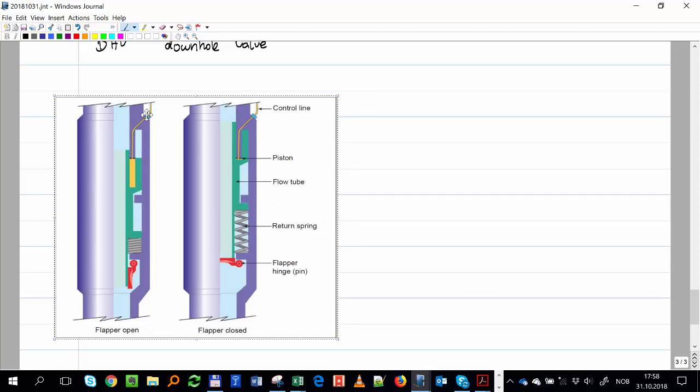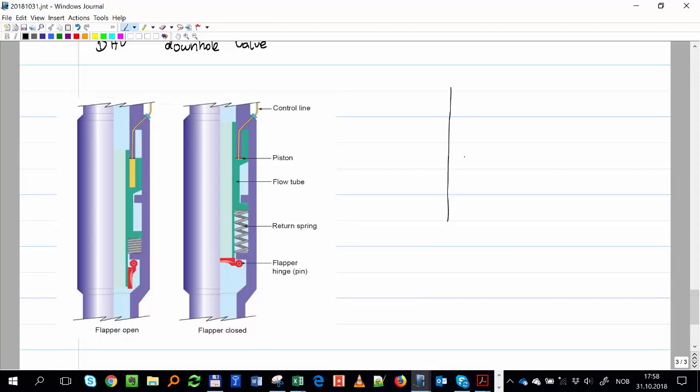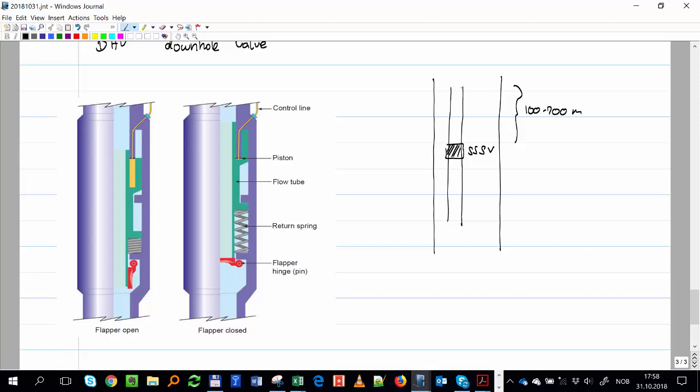Here is another image that hopefully will be very clear. You have that line, which has to go through the tubing hanger. If you remember, the hanger has some holes, so it has to go through it, and then it has to go all along the tubing. If you remember the figure we did last time, you have here the valve, this SSSV, usually about 100 to 200 meters down.